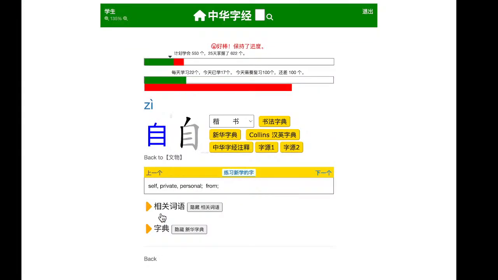Next up, 字. 字 is the self, private, personal, or from, like originating from. 有 is reason. 有 refers to reason or origin, like reason as in cause or motivation, origin because of, due to, or from.